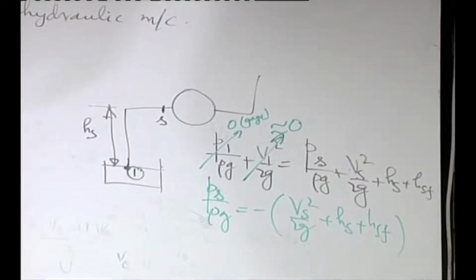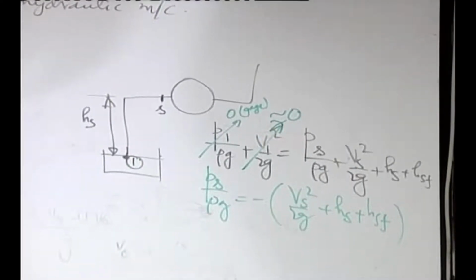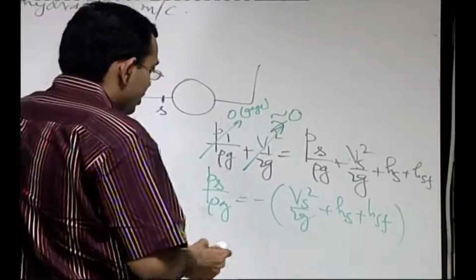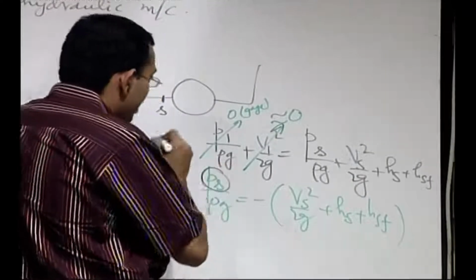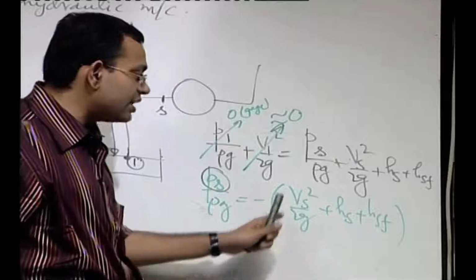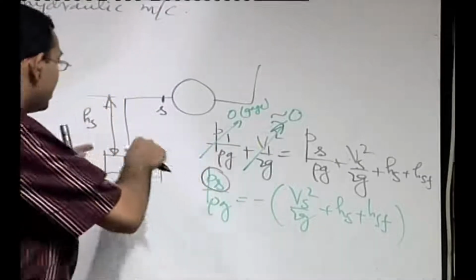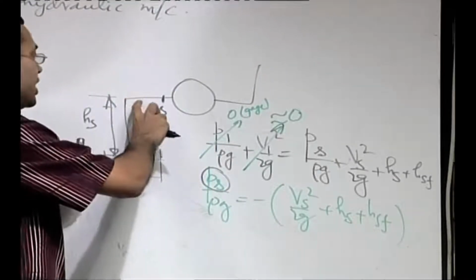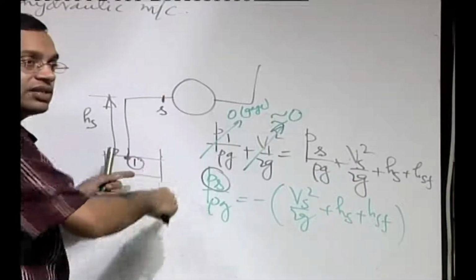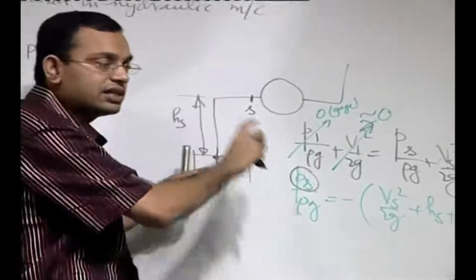We have to keep in mind that we are talking about the pressure at the point S, and the possibility of it being very low. We can clearly see that it is a suction pressure or a negative pressure below atmospheric pressure if you consider this sump to be located below the axis of the pump, that is, if Hs itself is positive.